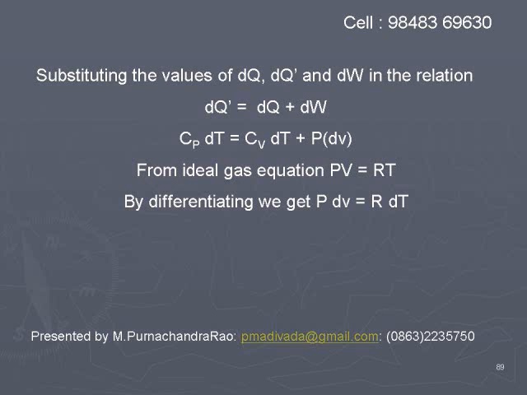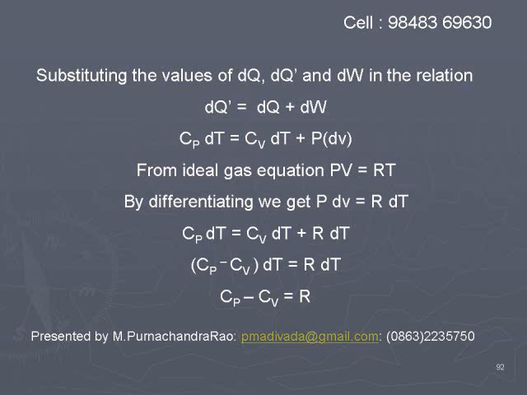By differentiating, we get P dV is equal to R dT. Hence, the above relation becomes Cp dT is equal to Cv dT plus R dT, or (Cp minus Cv) into dT is equal to R into dT. dT gets cancelled. So, we get the relation Cp minus Cv is equal to R.